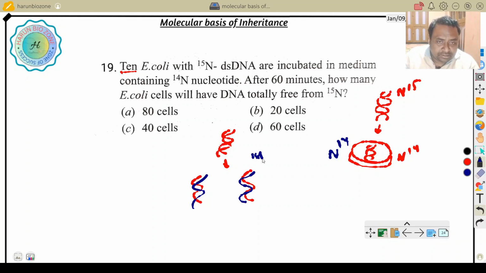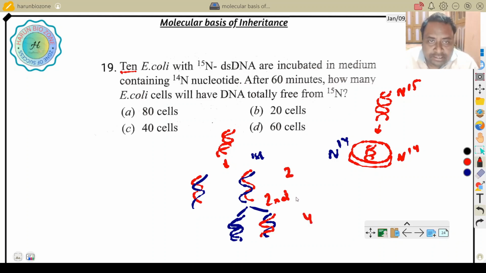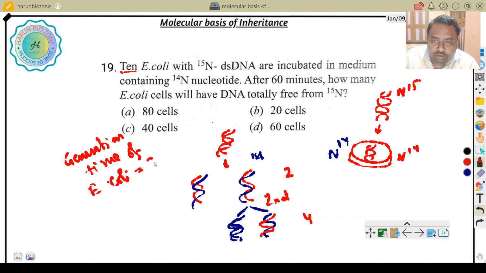This is the first generation. In the second generation, the DNA strand is separated in N14 medium and produces a new strand of DNA, but one parental strand is still present. Here 2 DNA, here 4 DNA. The generation time of E. coli is 20 minutes, so 60 minutes means 3 generations: 2 to the power 3, total number of DNA produced is 8.